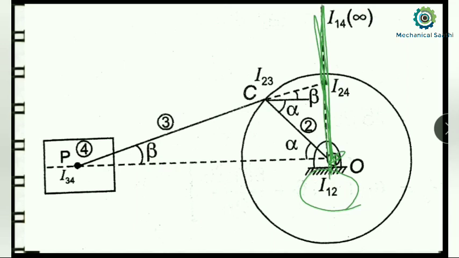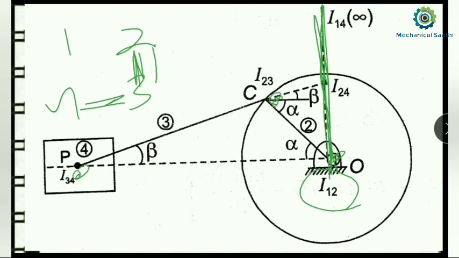The next way was that we can go through 2 3 and 3 4. So I was writing like this, 1 2 3 4. So I can look at 2 3 and 3 4. So the 2 3 point I'll get somewhat here, and 3 4 will be somewhat here.